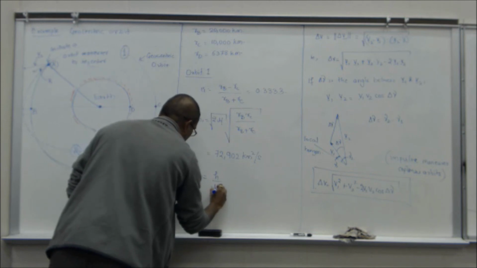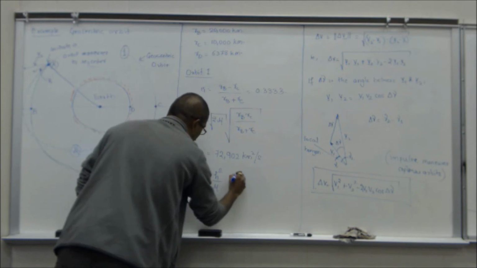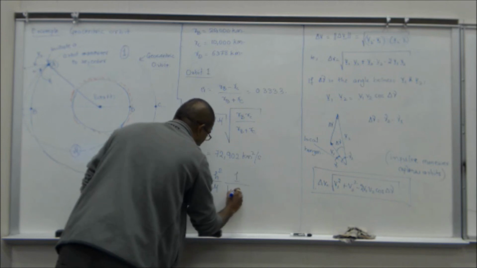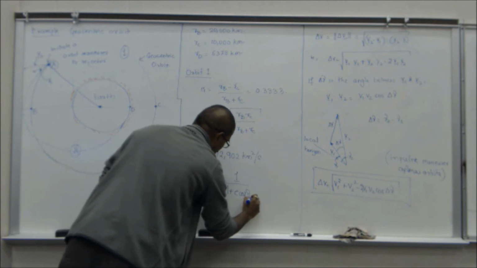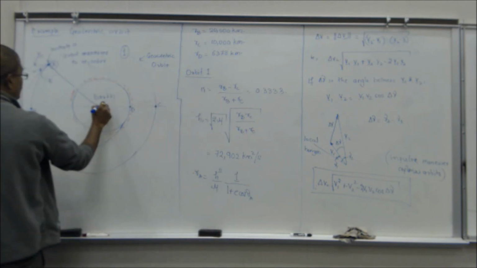H square over mu into 1 over 1 plus e cosine theta a. Okay, this is theta a.